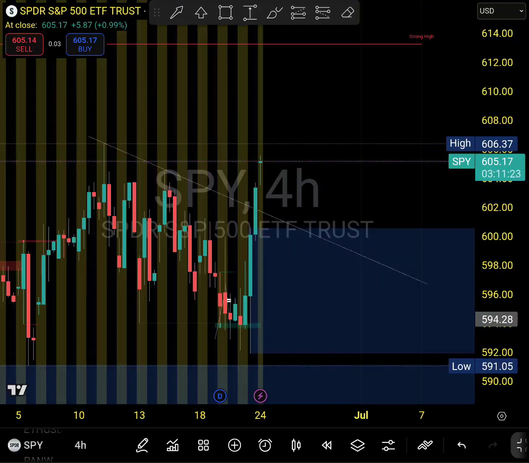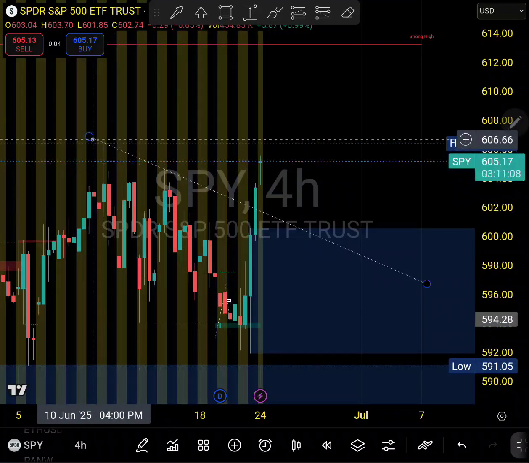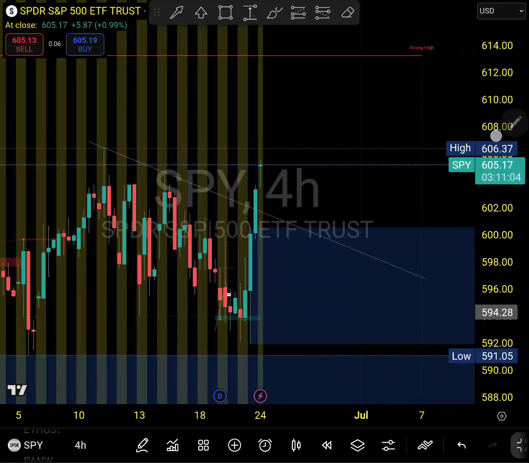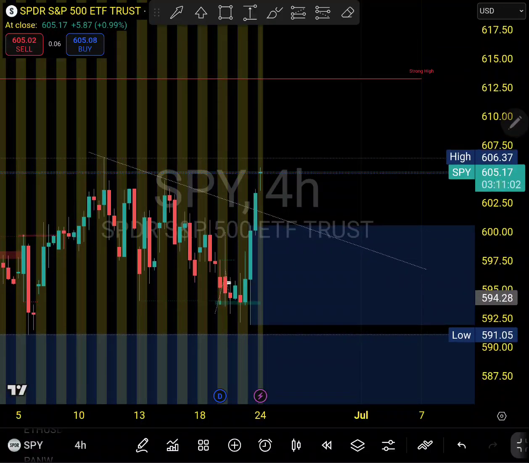This trend line was from the recent high. If you see clearly what this trend line is doing, I developed it a few days ago and wanted to see what exactly it is doing.